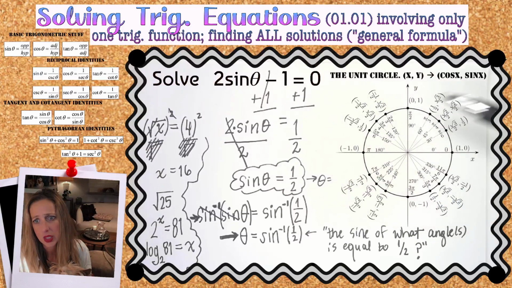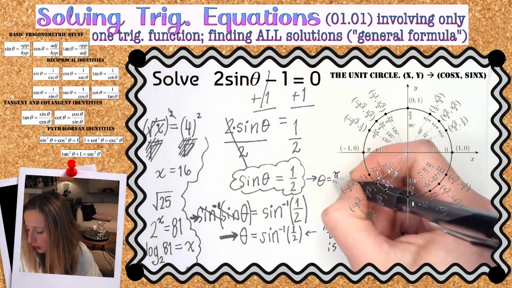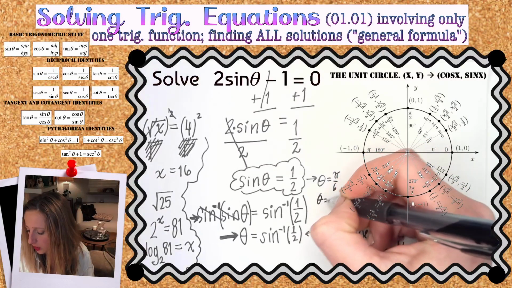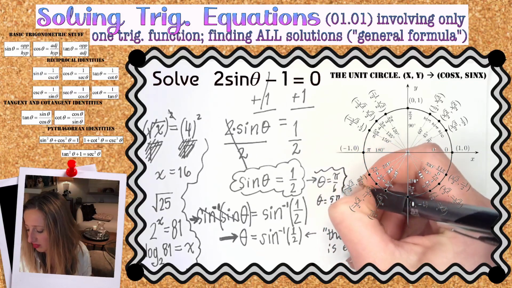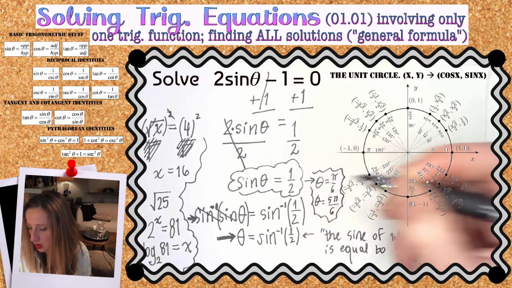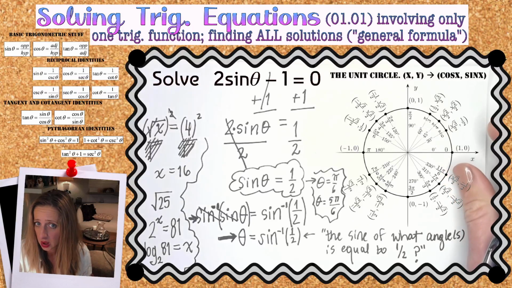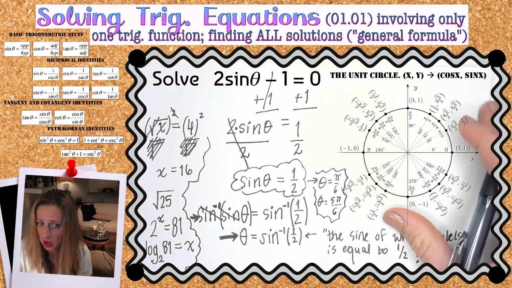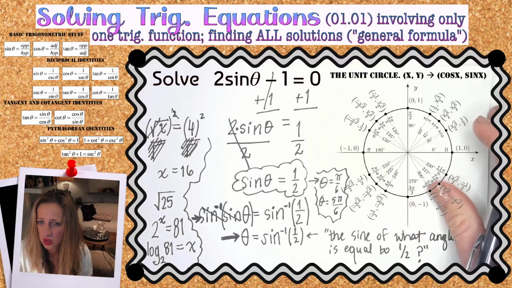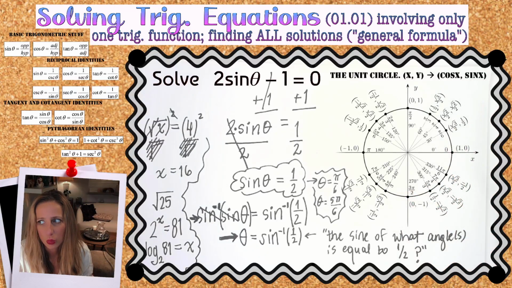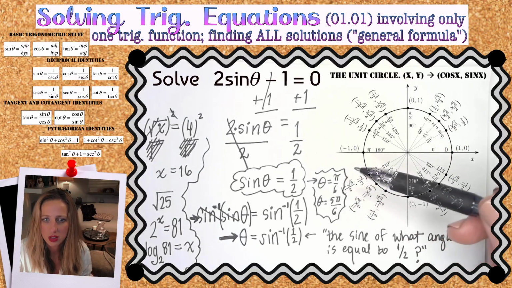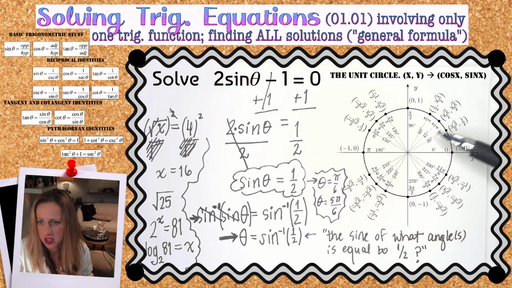Now, again, we need infinite solutions. We need all of it, a general formula. So by writing theta equals pi over 6 and theta equals 5 pi over 6, I'm really not finding anywhere close to all of the answers. I found two, go me, but there's infinite. So that's definitely not all of them. So what else? Where else does sine equal 1/2? It looks like it's just there and there.